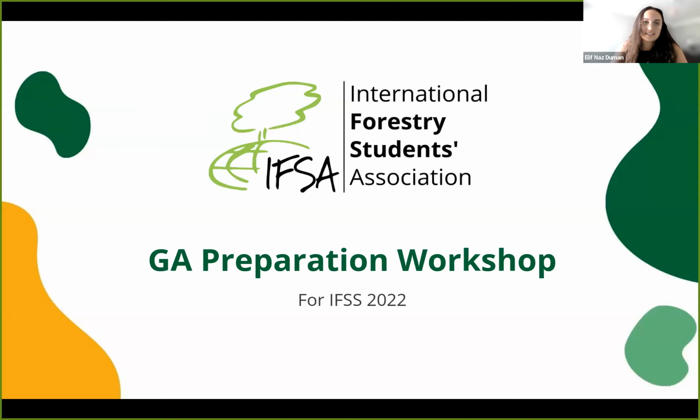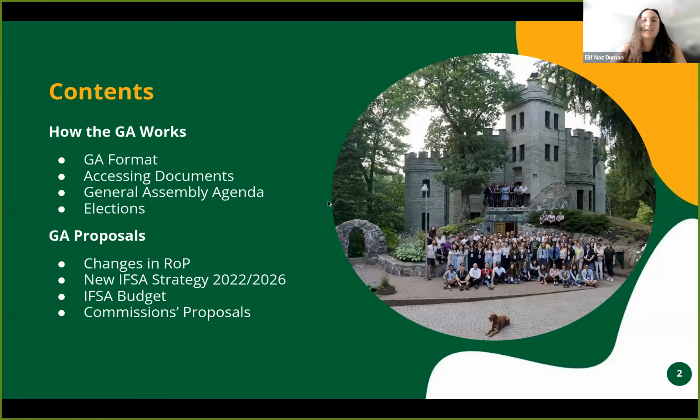So let's start with an overview of our presentation first. Next slide, please. Today's presentation consists of two parts. The first part is how the General Assembly works, where we will give you information about the format, the documents, agenda, and elections.